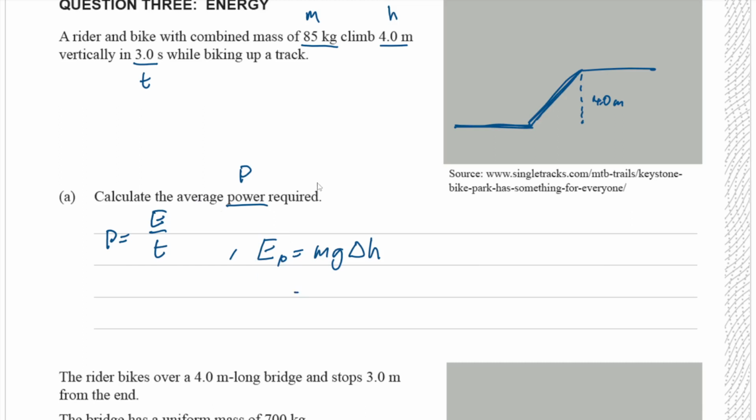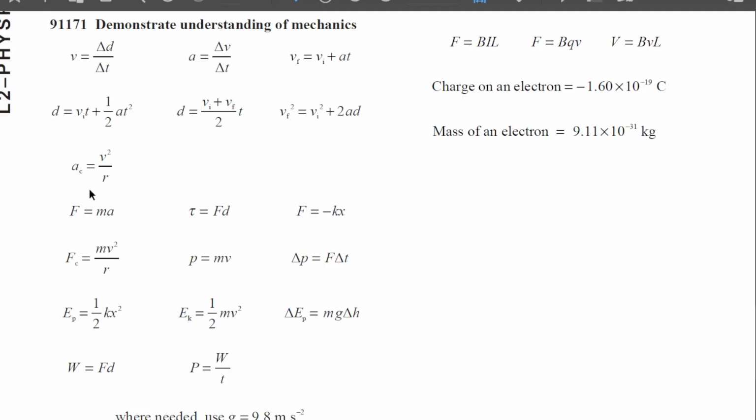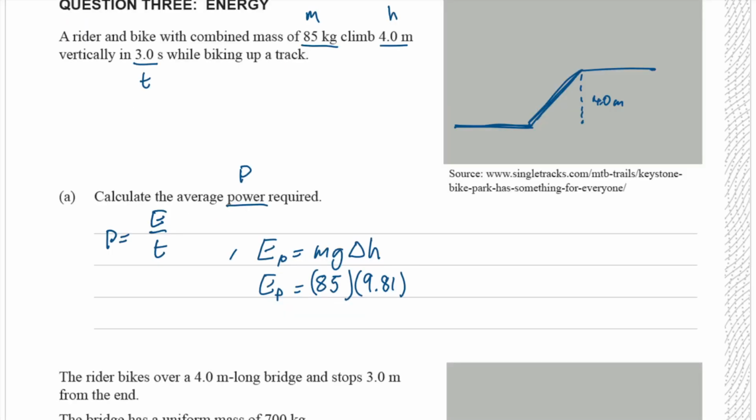So EP will equal the mass, 85 kg, times gravity, 9.81. Well, actually, the formula book says use 9.8, but let's be more accurate. Times change in height, 4.0 meters.